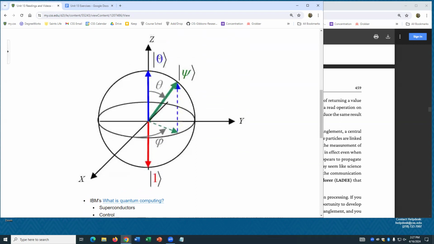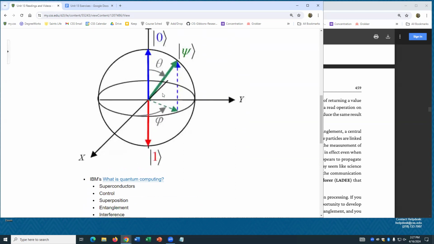This is the ket part, the right side of the bracket, and the other side is the bra part. So when people are talking about these, they'll talk about the left hand or the right hand side of the bracket notation.